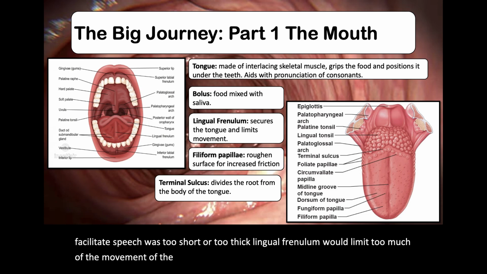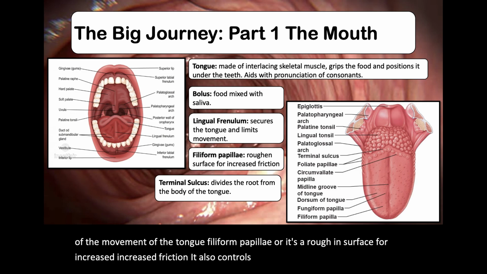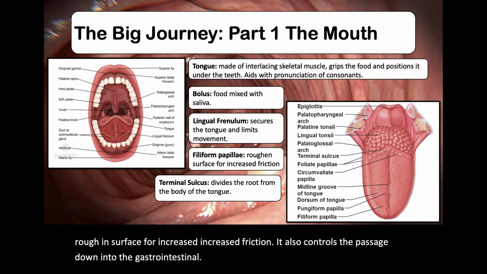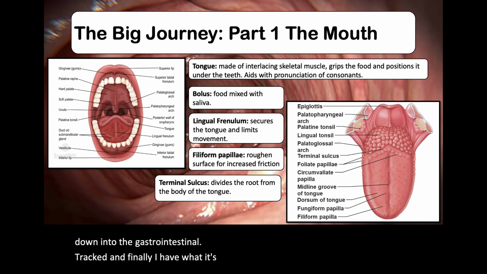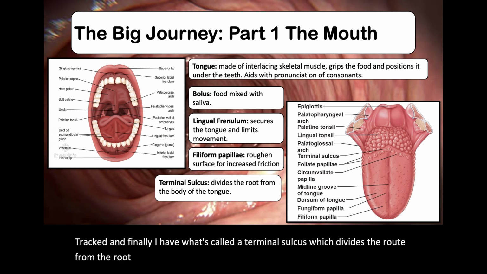Filiform papillae are a roughened surface for increased friction. It also controls the passage down into the gastrointestinal tract. And finally, I have what is called the terminal sulcus, which divides the root of the mouth from the body of the tongue.